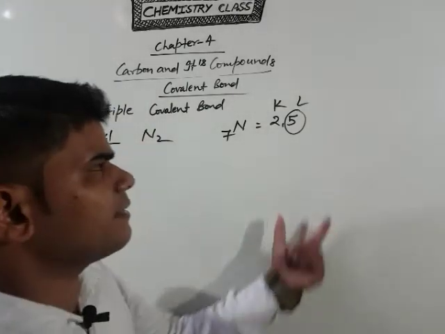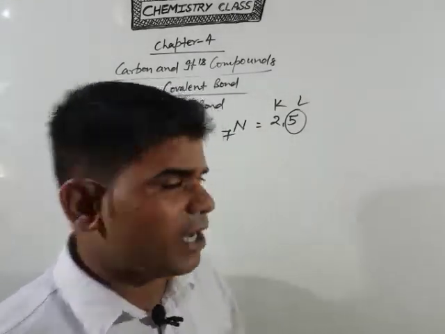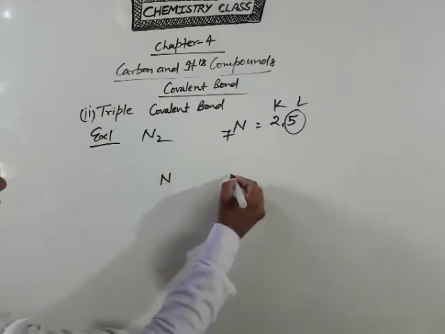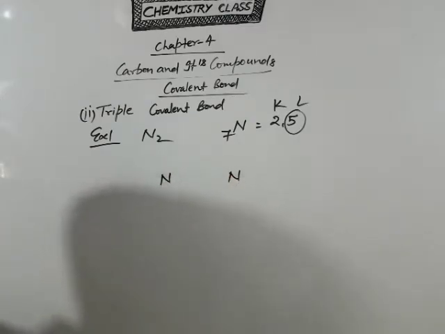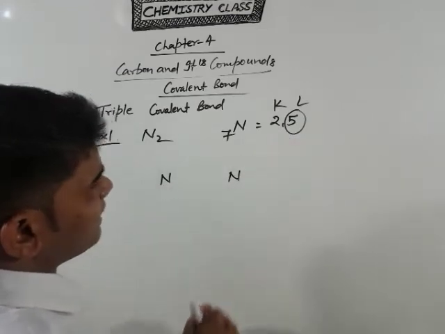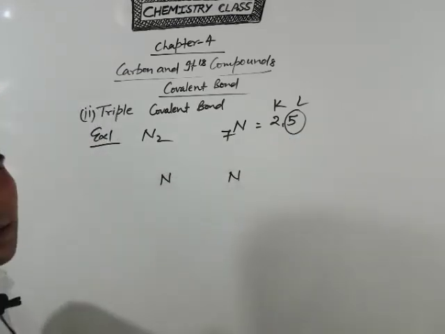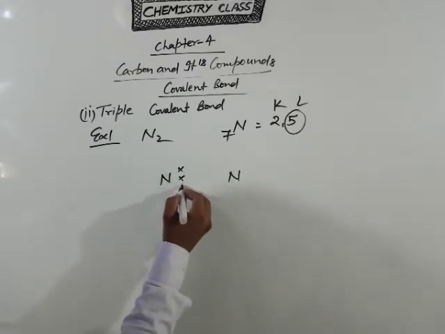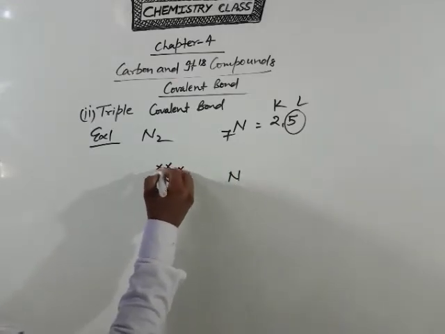That means the valence electrons are 5. First you represent the atoms like that, and represent all the valence electrons on the nitrogen atom, which is 5: 1, 2, 3, 4 and 5.